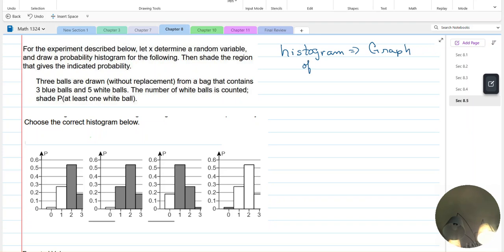And they are quantitative, or in our case, percentages.